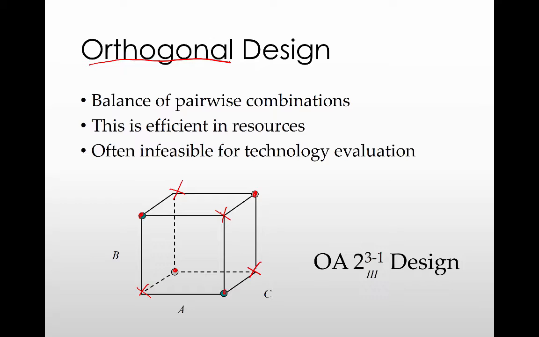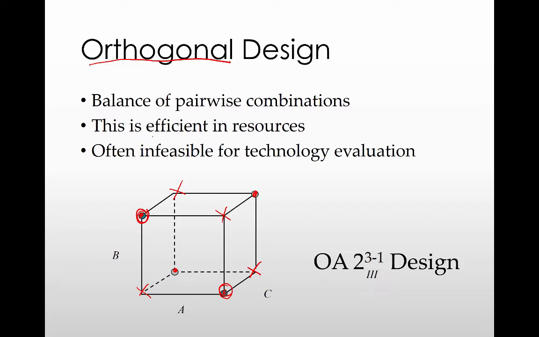Well, it's because if you look at combinations of levels of A and B and C, for example, take a pair, A and B, and say A minus B plus. A minus B plus might be right at this location here. Take any other combination. Take C minus and A plus. That's this combination here. And the key point is that when you make a combination of factors and levels, there's exactly the same number of evaluations at that point.